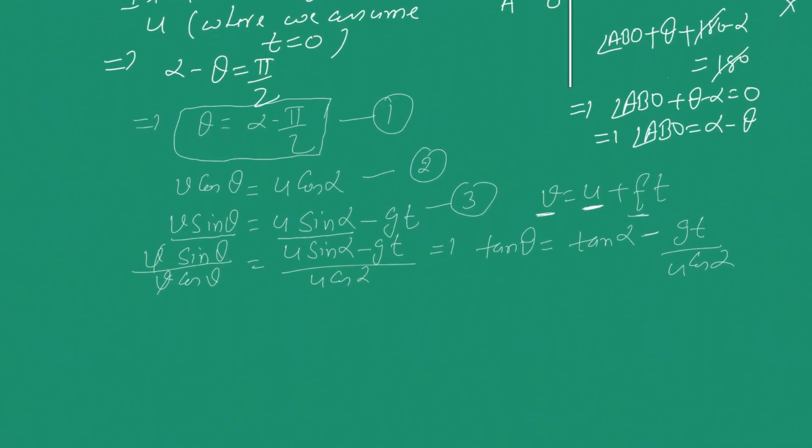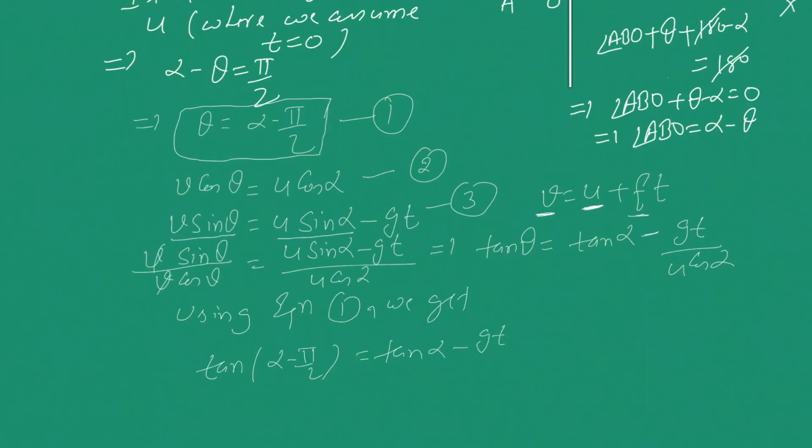So next we see that using equation 1, where theta is equal to alpha minus pi by 2, we get tan of alpha minus pi by 2 is equal to tan alpha minus gt by u cos alpha.